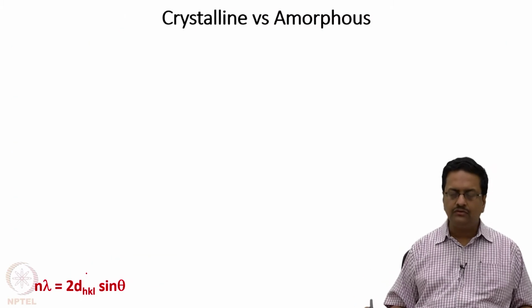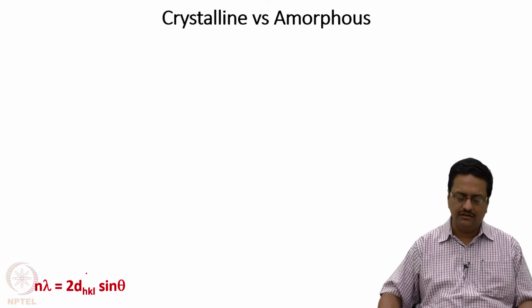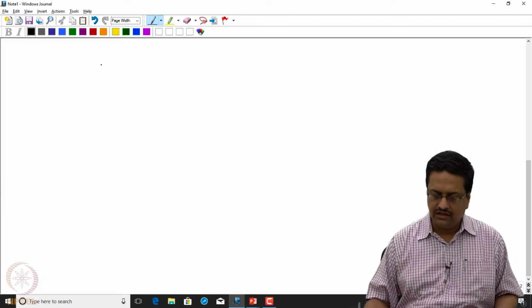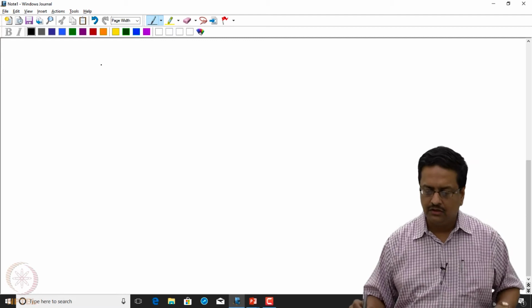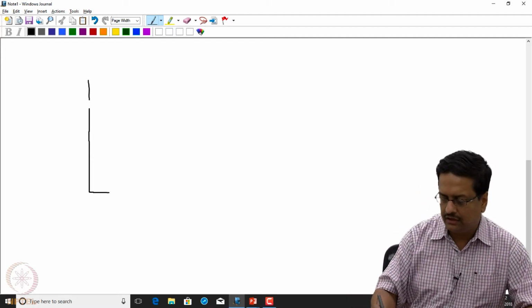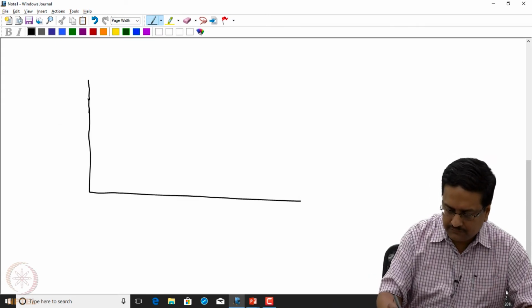So now, how do we know whether a sample is crystalline or amorphous by doing X-ray diffraction analysis? When we shine X-rays on a crystalline substance, we can record its powder X-ray diffraction pattern, and the pattern would look like the way I am drawing.